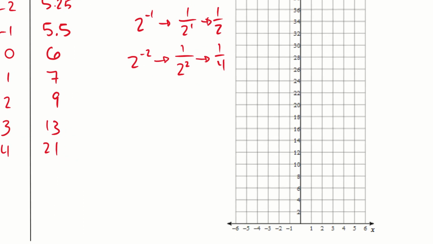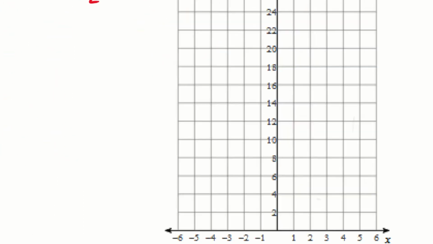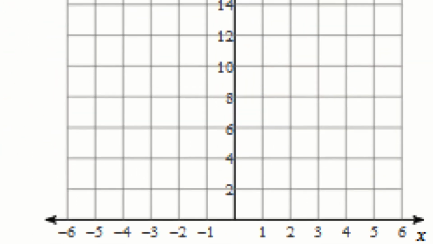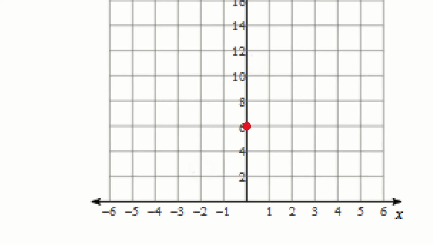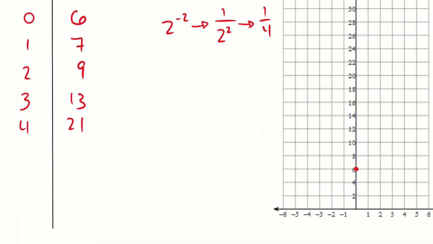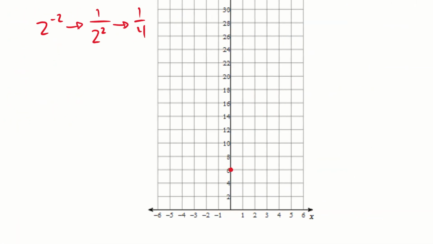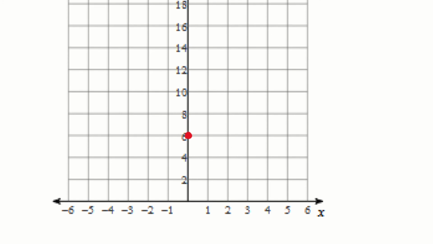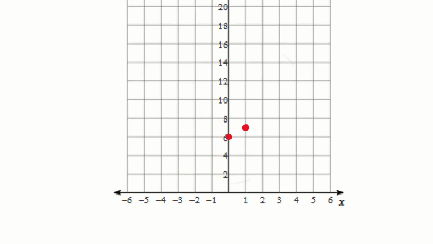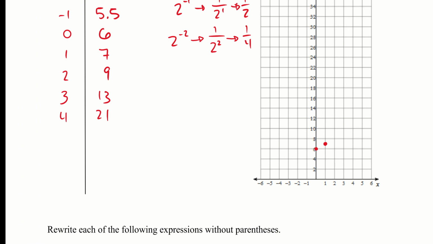So at 0, I believe I'm hitting the number 6. That's convenient, it's there. So 0 goes to 6. The next point I have is at 1, I'm supposed to hit 7. It's going to be right in between the two. Okay. And then, I'm sorry, I'm zooming in and out like this.